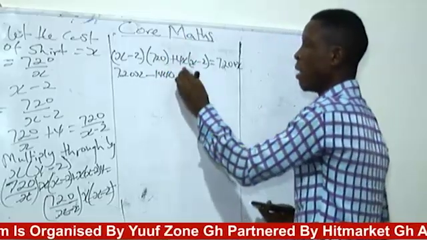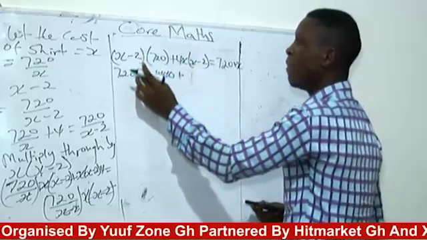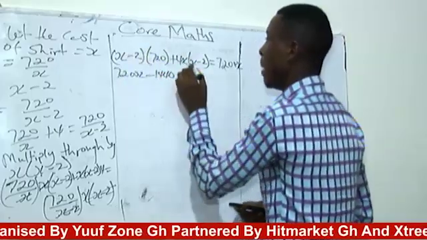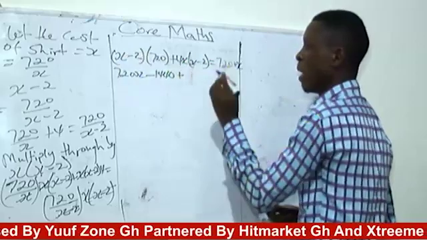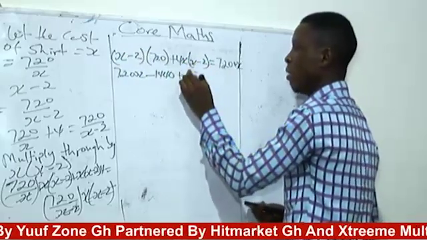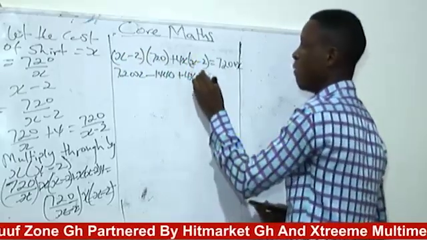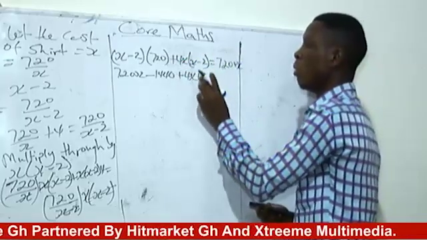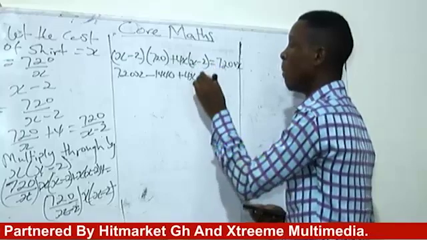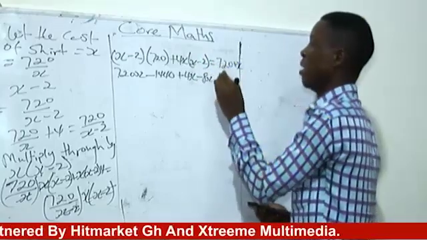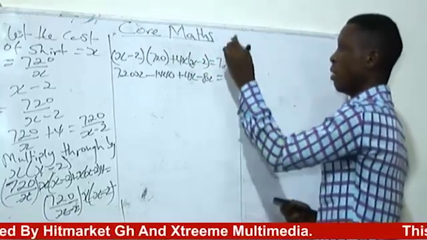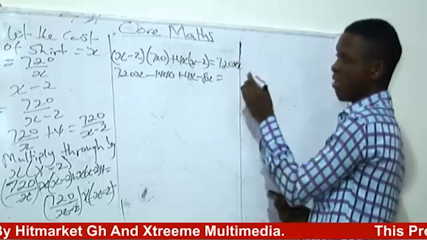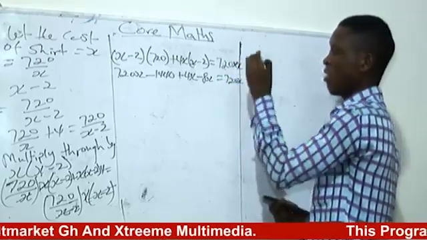Then 4s will be multiplying s, and that will give us 4s squared. Then 4s will be multiplying minus 2, which will be giving you minus 8s, equal to 720 times s, which gives you 720s.